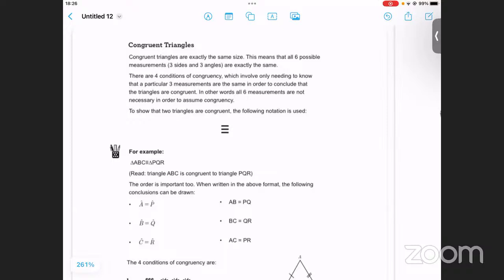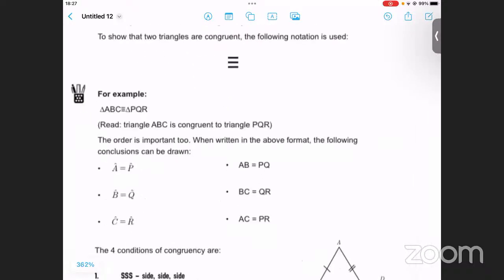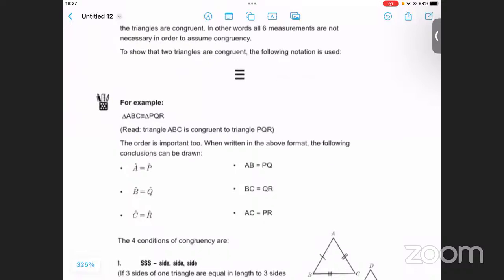To show that 2 triangles are congruent, the following notation is used. These 3 lines that you see here mean congruency. So when you see them, it's congruent, not equal to or anything else. For example, we have triangle ABC congruent to triangle PQR.